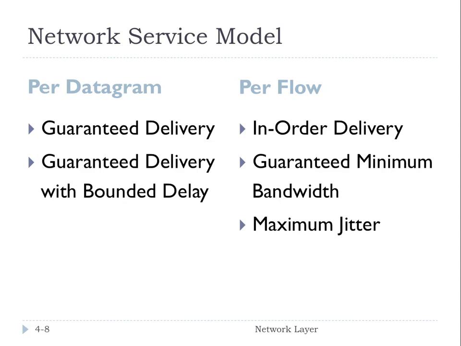And a third network service that might be provided by a network layer is a bound on jitter. Jitter is the variation in interpacket spacing. It's really this undesired deviation from a true periodic frequency. So we can think about receiving packets 1, 2, 3, 4, 5.